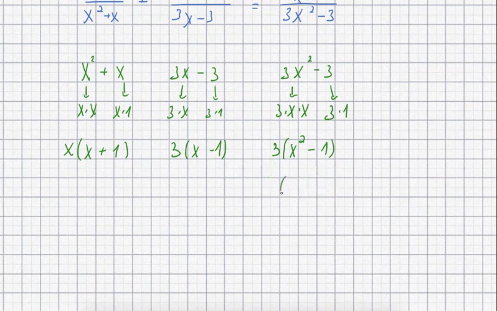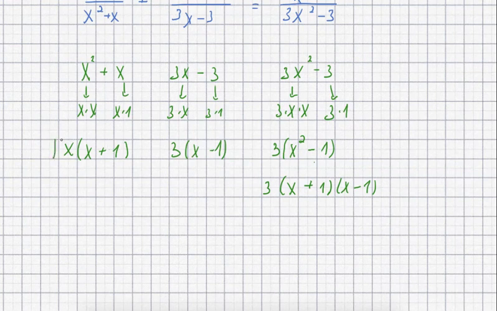These parentheses can be x plus 1, x minus 1, and we have this 3 here. So that's it. We can't continue from here. There is no other factors to those numbers that we have here.